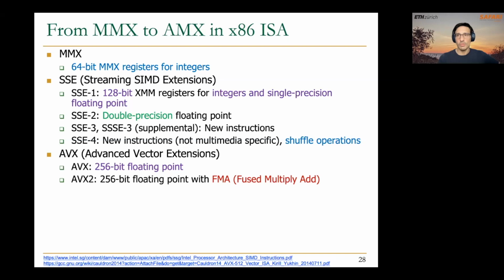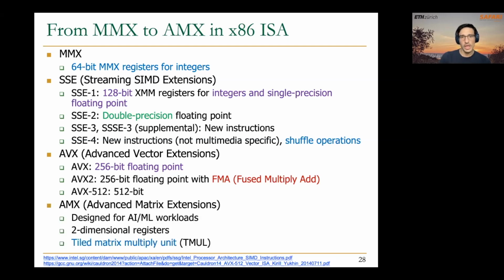It's very useful for important modern workloads like machine learning, and AVX-512 further extended the length of the vectors to 512 bits. More recently, the advanced matrix extensions use two-dimensional registers to execute a tile matrix multiply operation with a tile multiply unit that is designed for AI and ML workloads.